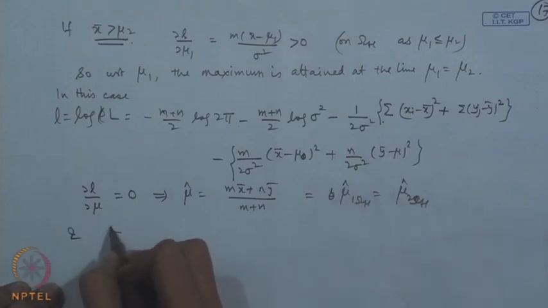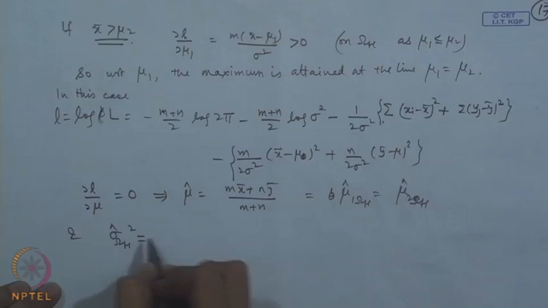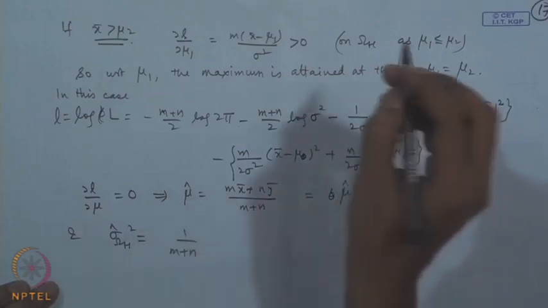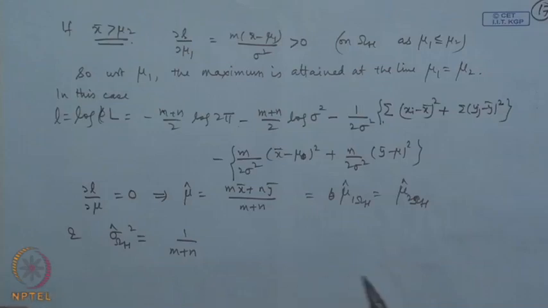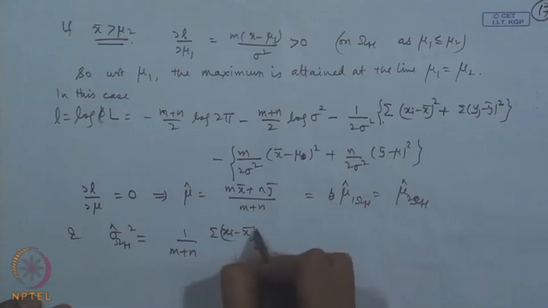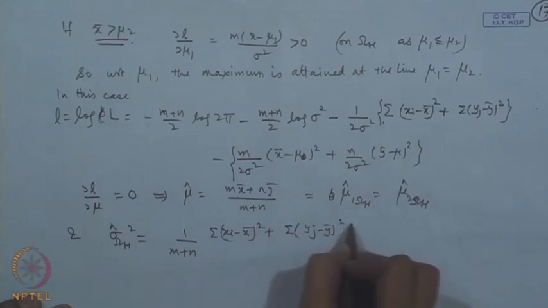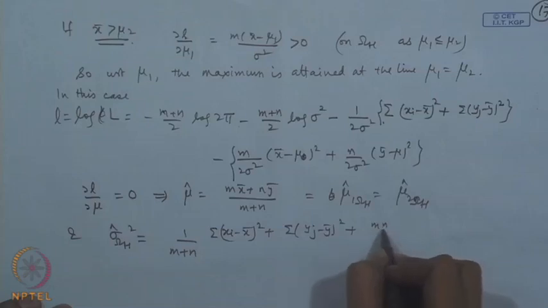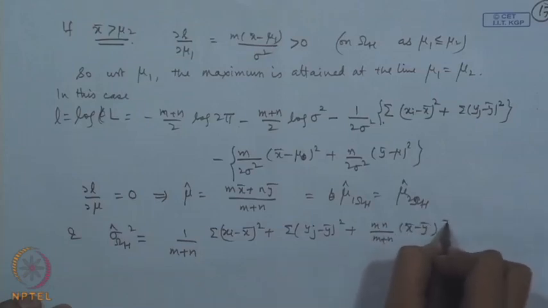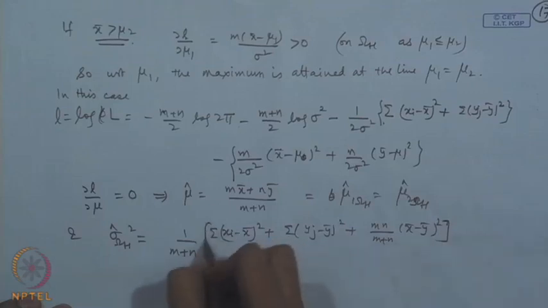And sigma omega h head square we will also get, because there we had x i minus mu 1 and y j minus mu 2. So, this will become simply sigma x i minus x bar square plus sigma y j minus y bar square plus m n by m plus n times x bar minus y bar square.